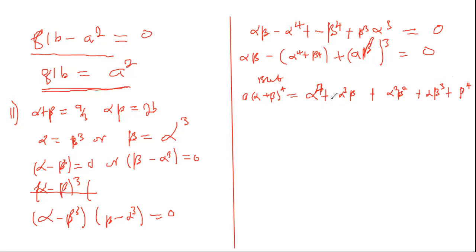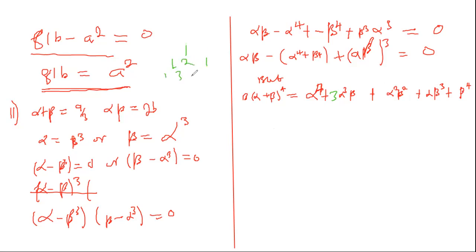So 1, 1, 2, 1, 1, 3, 3, 1. Are you sure it is 3? No, I was still sorting it out. 1, 2. Okay, this one plus this is 2. This is 6. This is 4.